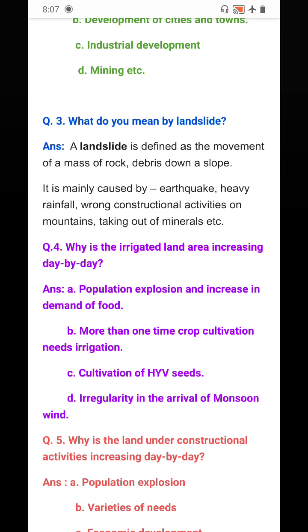I told you the arrival time is the middle of June, but sometimes it is late, sometimes it is before time. So there is no exact time at which it will come and help our agricultural activity. There is no certain information, no confirmation. That's why, if it is late, at that time we need the irrigation facility.